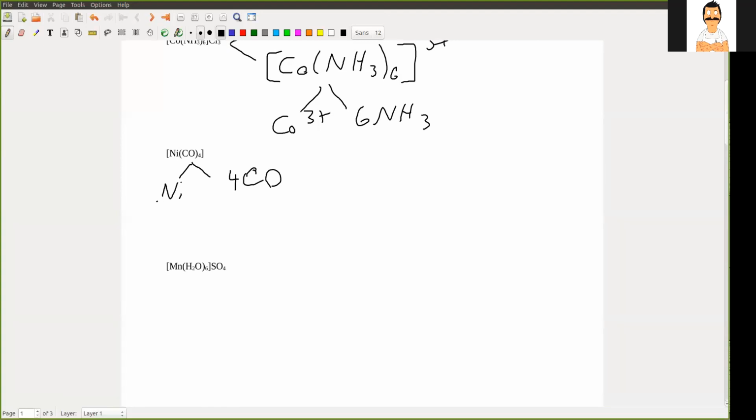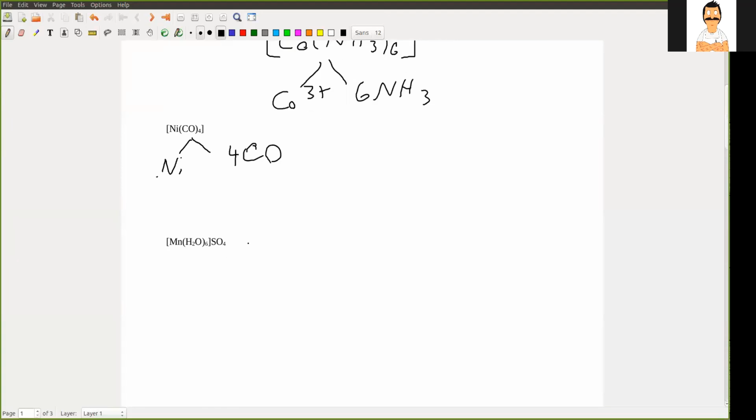And one last example. We can take this one and split it up. Let's start with the stuff outside the brackets. So SO4, and again, you want to know that this is a complex anion with a -2 charge. So that means that our overall charge to balance it has to be a +2 for the stuff inside the brackets.